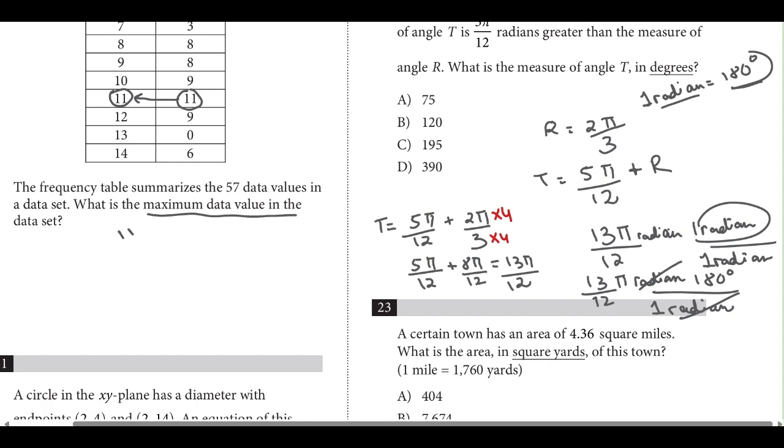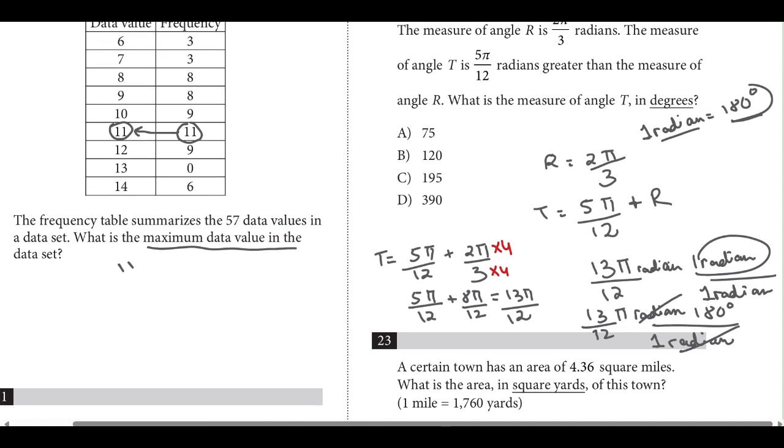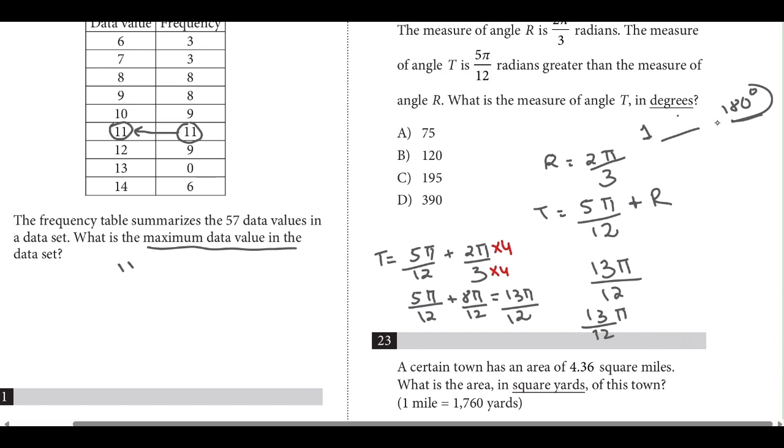Wait, I obviously did something wrong. I have to do this again. Ignore what I said. 1 radian is not equal to 180 degrees. 3.14 radians is equal to 180 degrees.